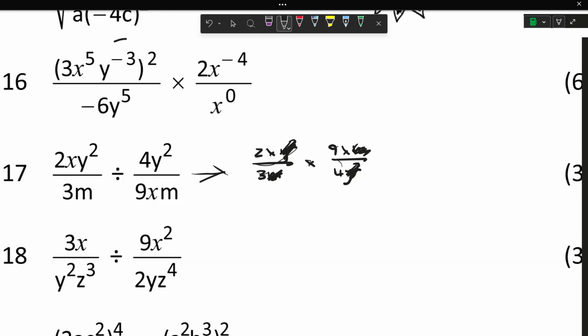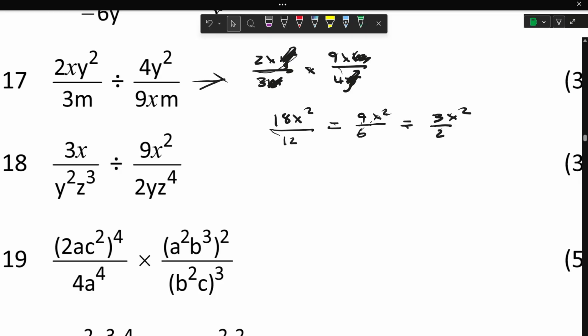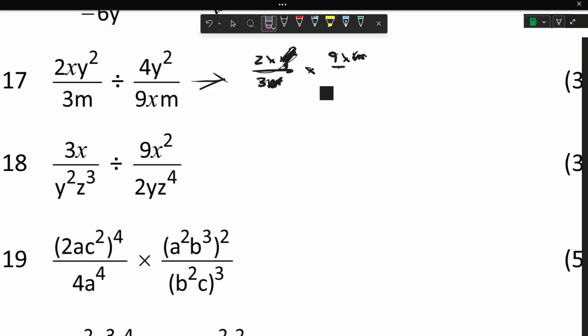So 9 times 2 is 18, x times x is x squared, over 12, 3 times 4. And that is 9 over 6, sorry, 9x squared over 6, which is 3 over 2, and the x squared stays. Guys, remember your cross multiplication, your cancelling, very important. You've got to know when to cancel your numbers.